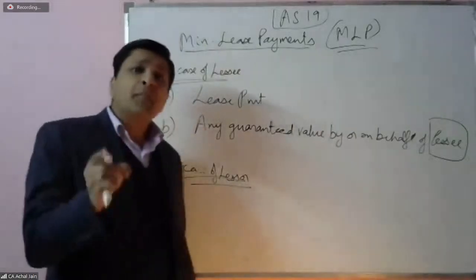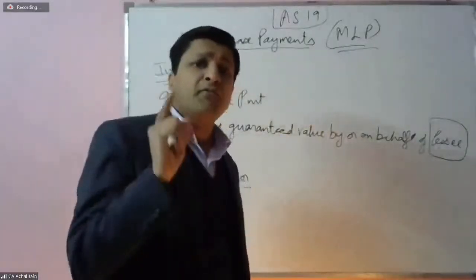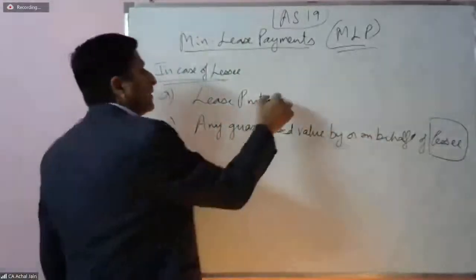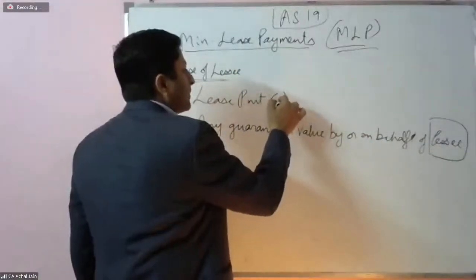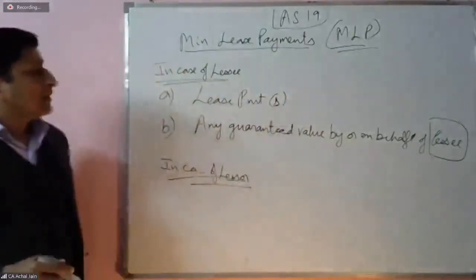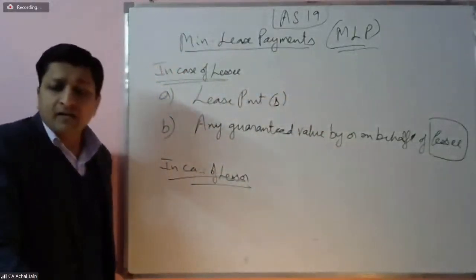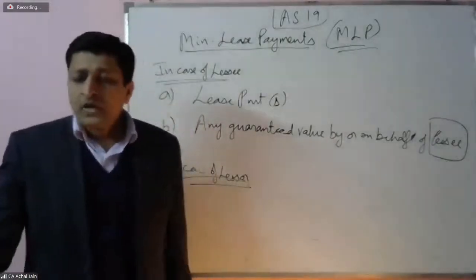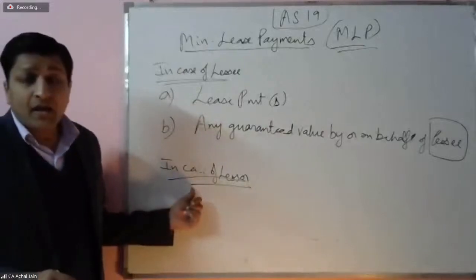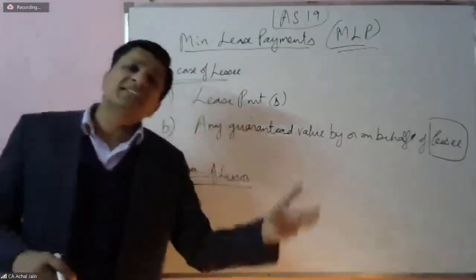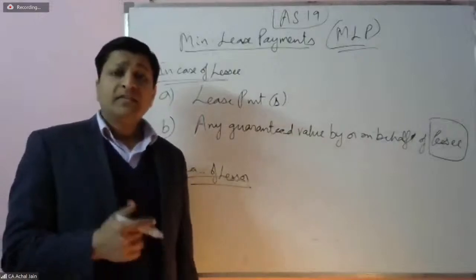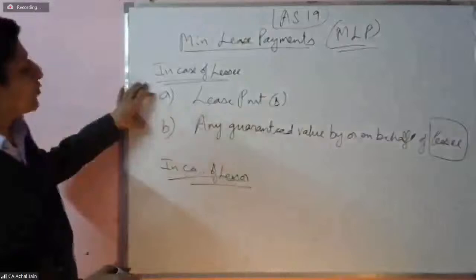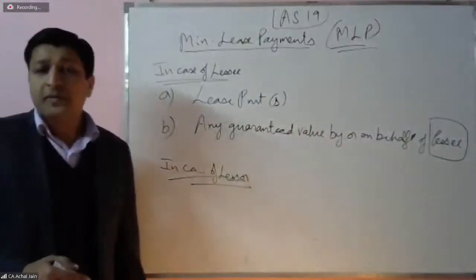Now, whenever we compute MLP from the perspective of lessee, it includes lease payment or the guaranteed value by the lessee. Correct? However, if we compute MLP from the perspective of lessor, then it will be a certain number which is going to be different from the one we have computed over here. Let's understand what it would become.